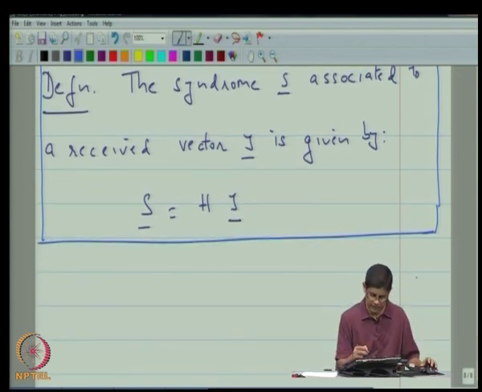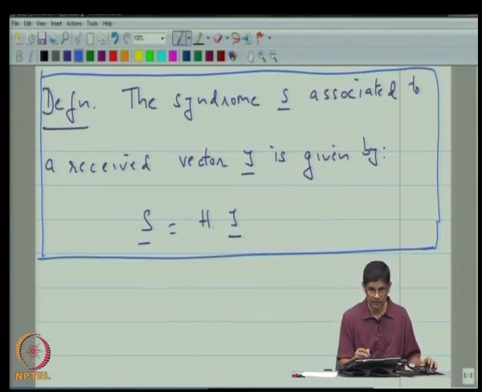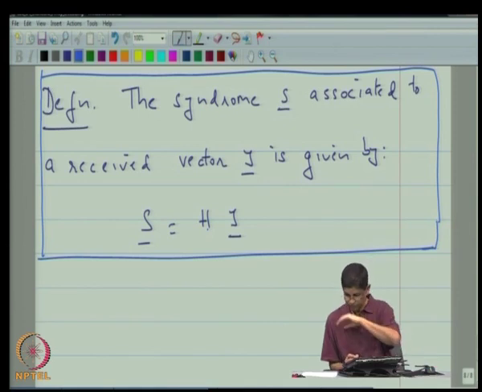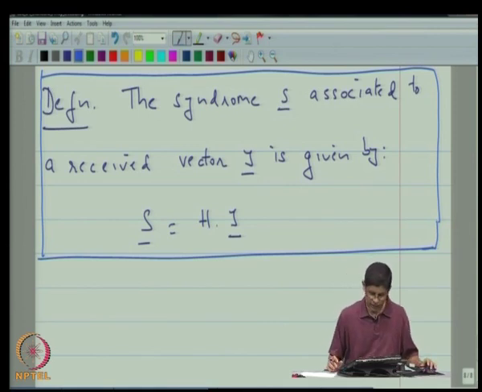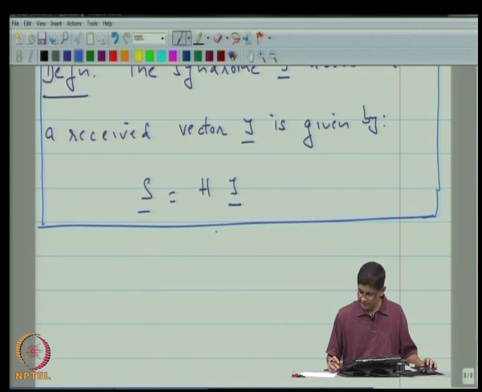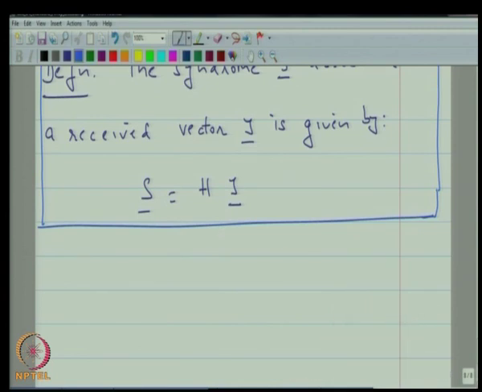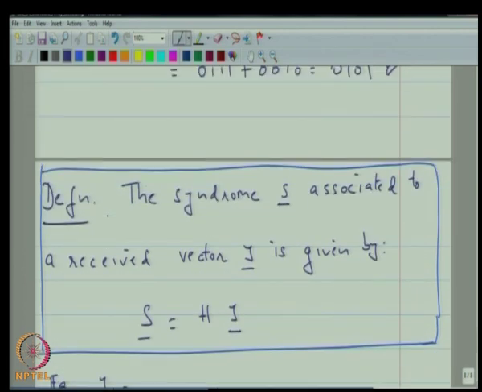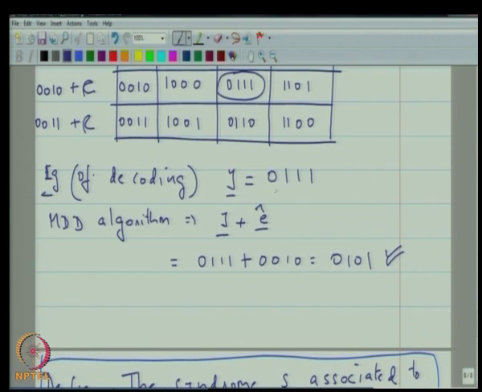Now, remember that this H is the parity check matrix of the code. For example, let us go back to what we had earlier. We had y equal to 0 1 1 here.